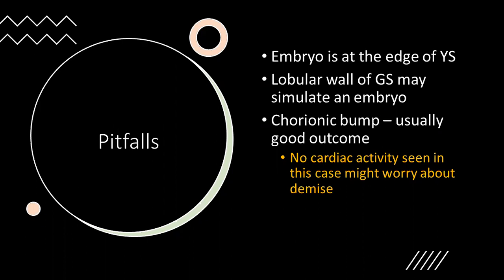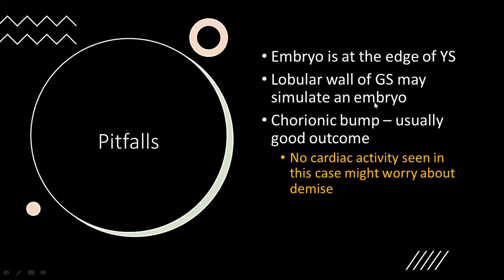Make sure that all those have been adjusted and you are still not seeing the heartbeat. And also make sure that you have located the embryo with certainty. As you can see on the second point, we might actually get a blob or a fold of the gestational sac, which may simulate an embryo. And because this is not an embryo, we are never going to see a heartbeat here.